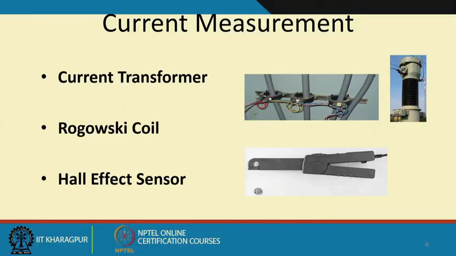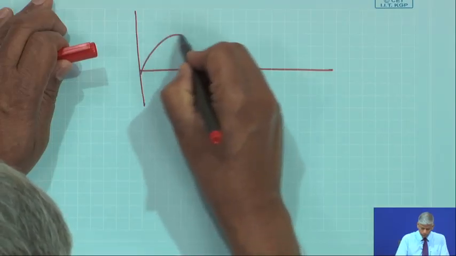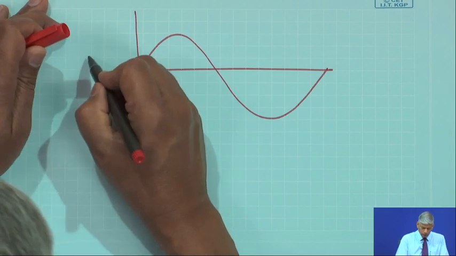So, let me come to the theory of MCSA. Well, before that, I need to measure current. Okay. So, we can use a current transformer or a Rogowski coil, but we will talk about this Hall effect sensor, wherein suppose this is my current waveform.